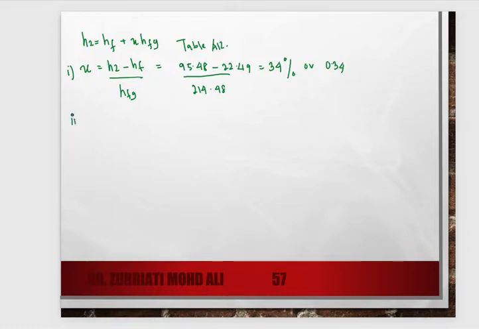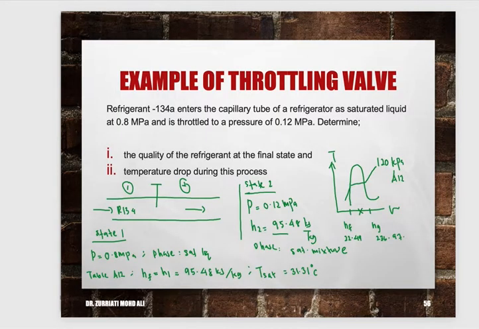Question number 2 is about the temperature drop, which means that we have to find delta T. So delta T is T2 minus T1. Again, we refer to A12 and look at the properties given at state 2. From the table we get T2 as minus 22.32 degrees Celsius, where I find the 22 here, T saturated.